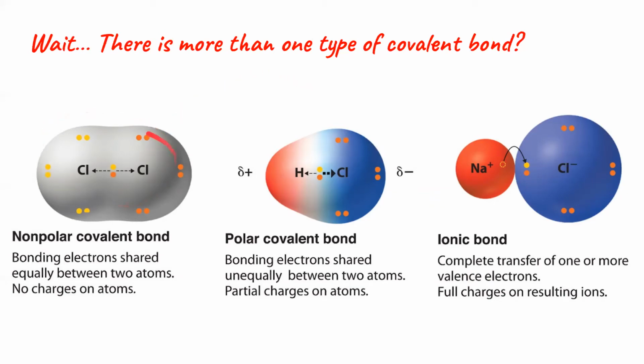So equal sharing here on the left, unequal sharing on the right. And then to the far right, the sharing is so unequal that chlorine rips off the electron from sodium, steals it, keeps it for itself, forms a negatively charged ion, and consequently forming a positively charged sodium ion.